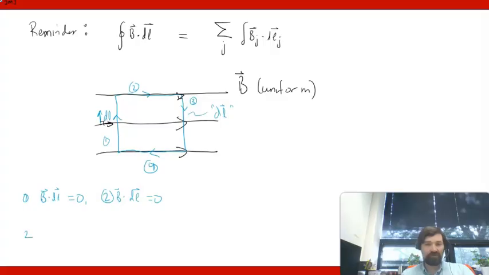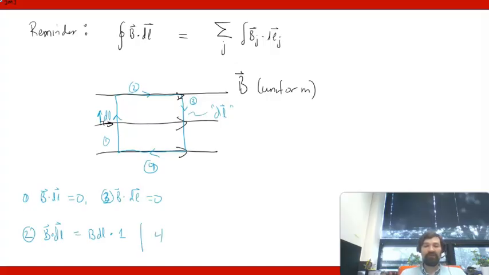For 2, B dot DL is just B times DL times 1. Cosine of 0 degrees is 1.